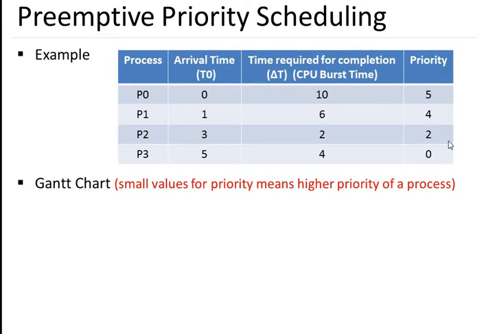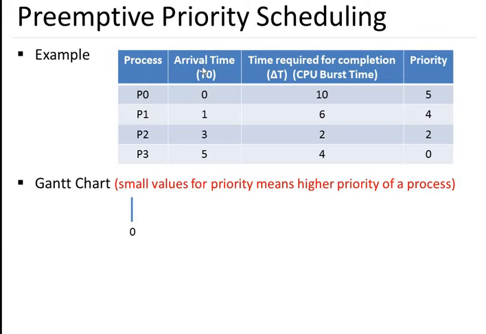Over here priority is also mentioned, and small values for priority mean higher priority of the process. It is also possible that the largest value for priority means higher priority. It depends on what is mentioned in the numerical.